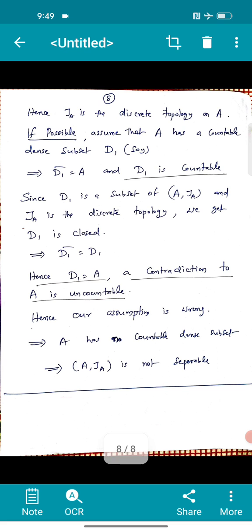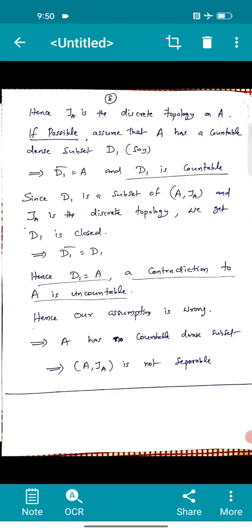If possible, assume that A has a countable dense subset D1. This implies D1-bar = A, and D1 is countable. Since D1 is a subset of tau_A and tau_A is the discrete topology, we get D1 is closed.